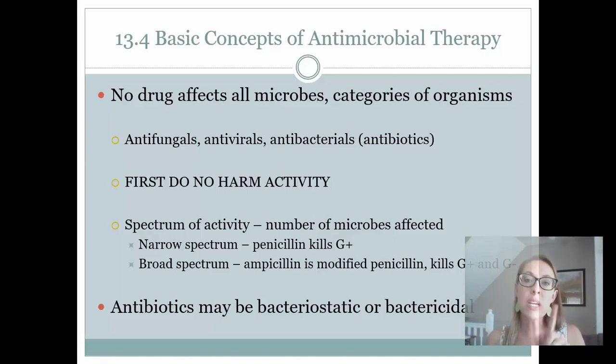Which of these three groups of chemotherapeutic agents is going to be most difficult to develop drugs for because selective toxicity is going to be difficult to achieve? On the other end of that spectrum, which of these three is going to be easiest to develop while still maintaining selective toxicity? Pause the video if you need a second.